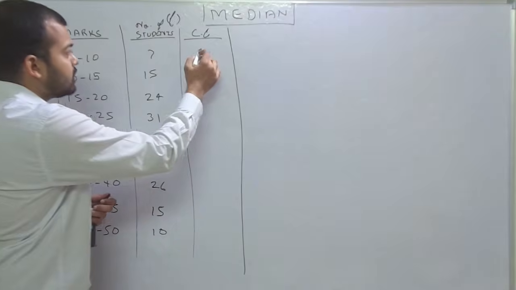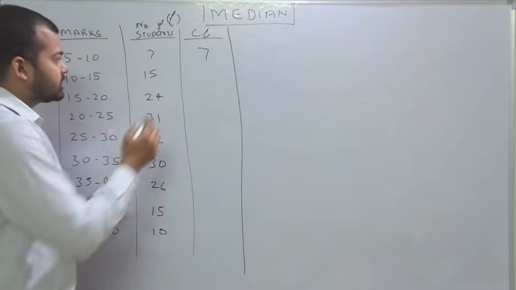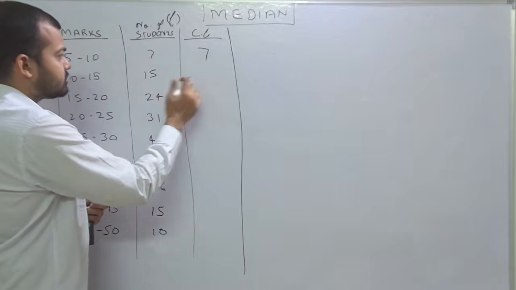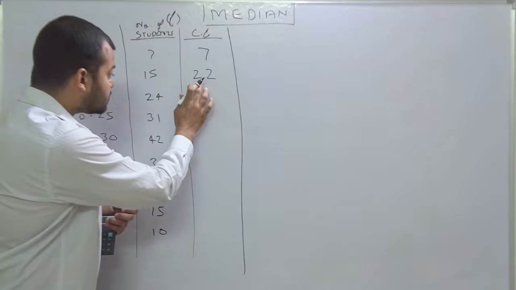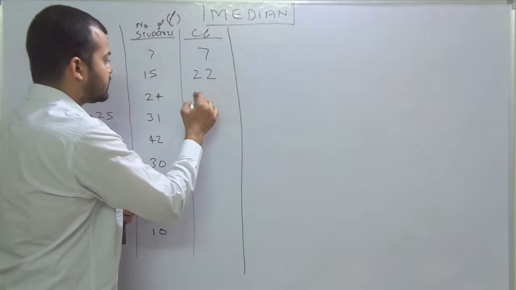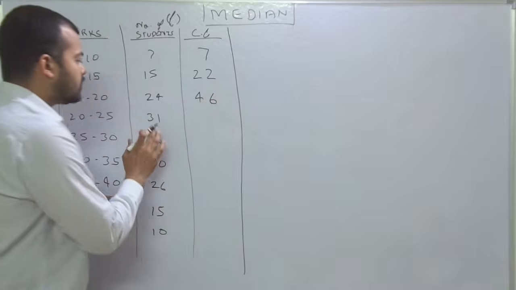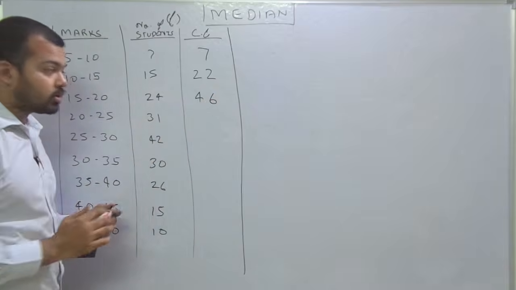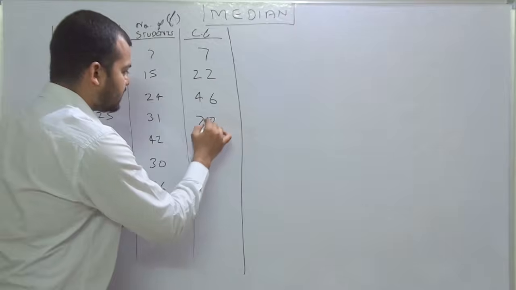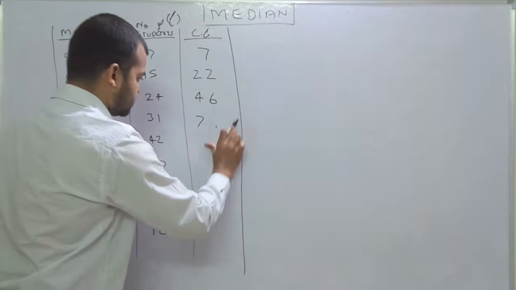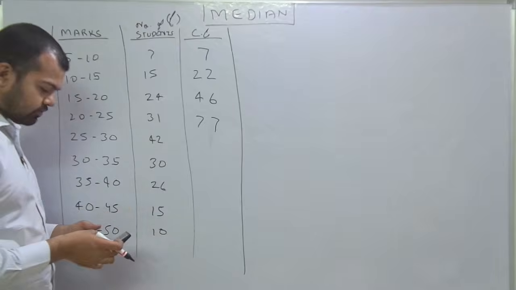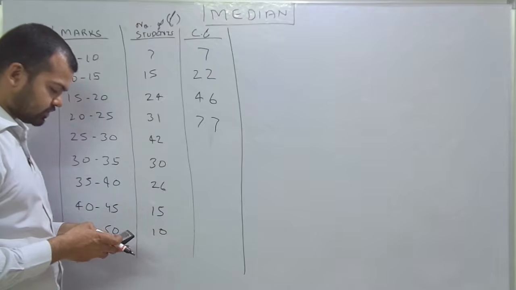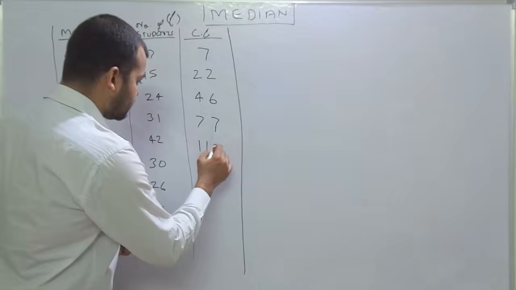So first of all, the first one is 7. Then you have to add 7 to this 15. That comes out as 22. Now you have to add 22 to 24. That is 46. Now you have to add 46 to 31. It is 77. Now you have to add 77 to 42. 77 plus 42 comes out as 119.